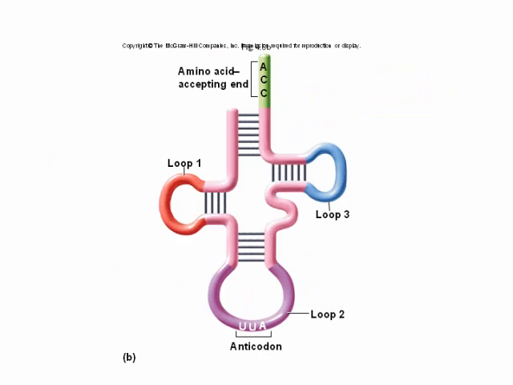Let me jump down here to what tRNA looks like. This here is tRNA. It is very often described as a hairpin structure. And you can see that down here at the base is the anticodon, and that anticodon would match up with the codon found on the messenger RNA.